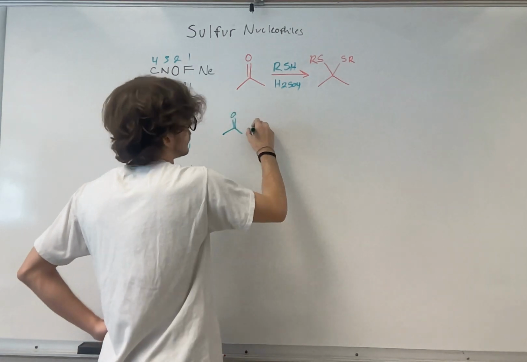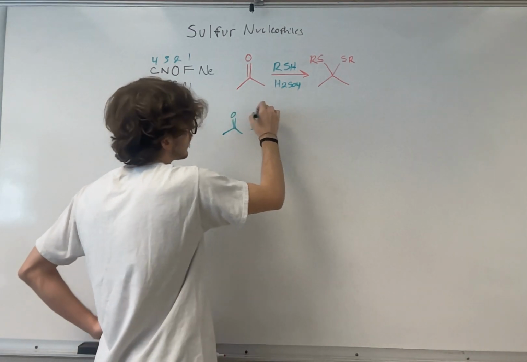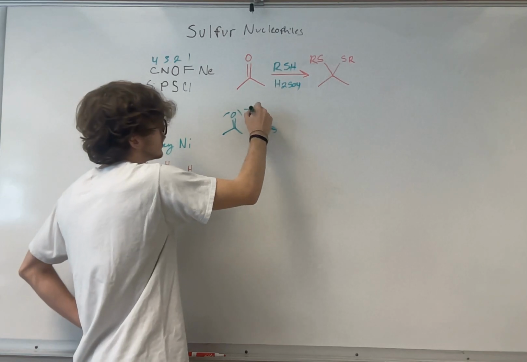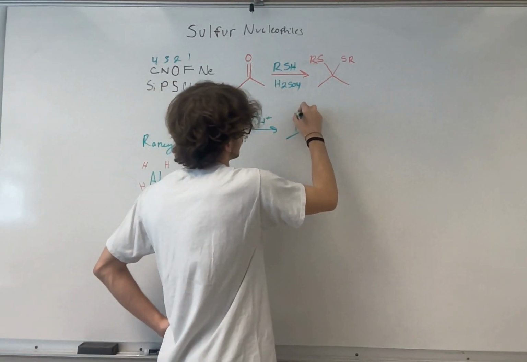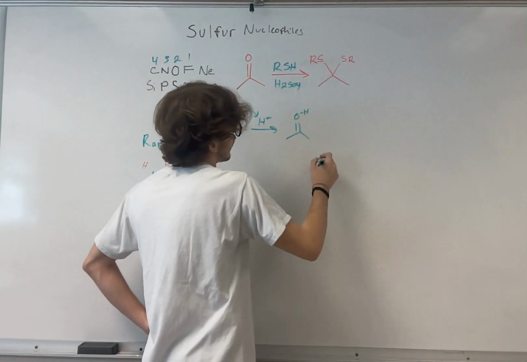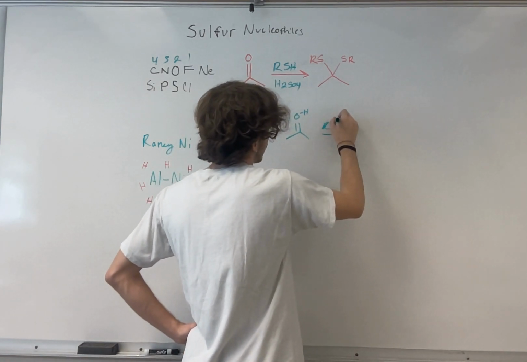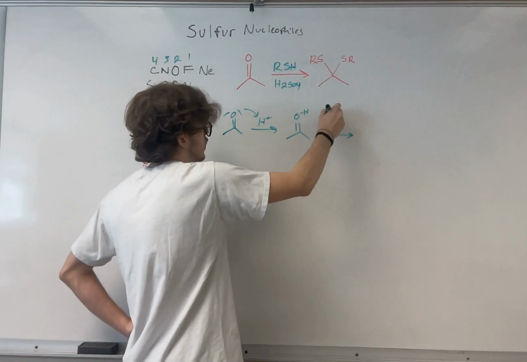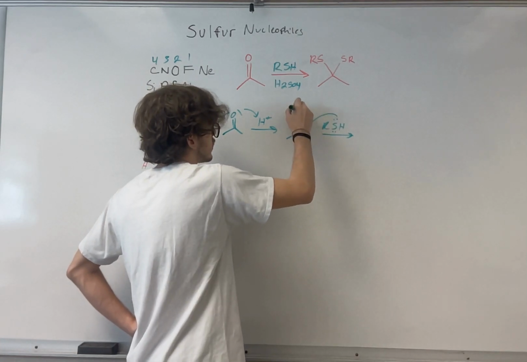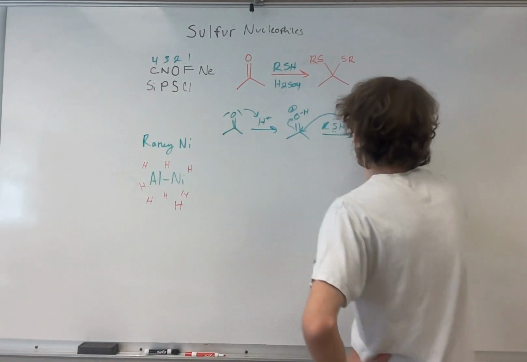So we start with our carbonyl, and we're going to steal a hydrogen ion. Pretty simple, we just activate the carbonyl. Now it's subject to attack from the thiol. One of his lone pairs is going to reach out, kick up electrons onto the positively charged carbonyl.